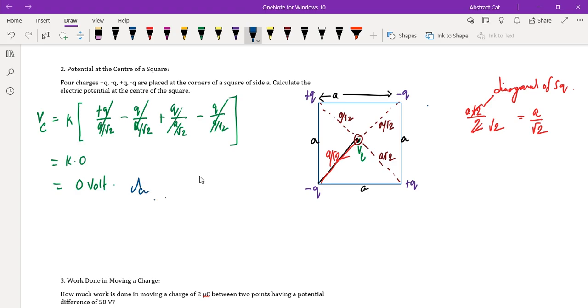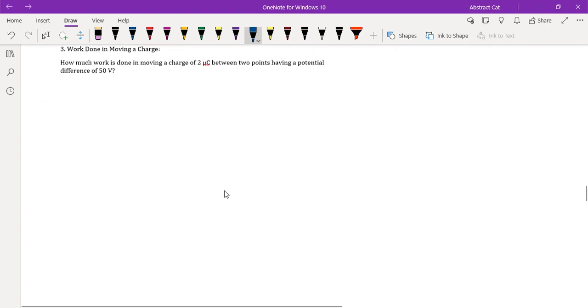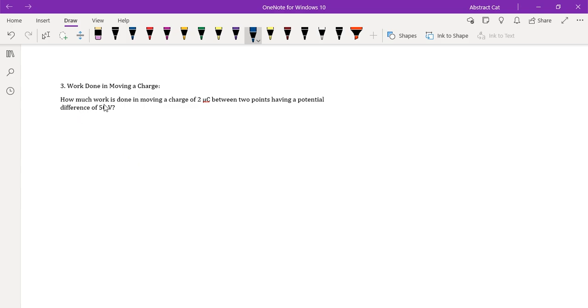Now we jump to numerical number 3. How much work is done in moving a charge of plus 2 microcoulomb between 2 points having a potential difference of 50 volt?